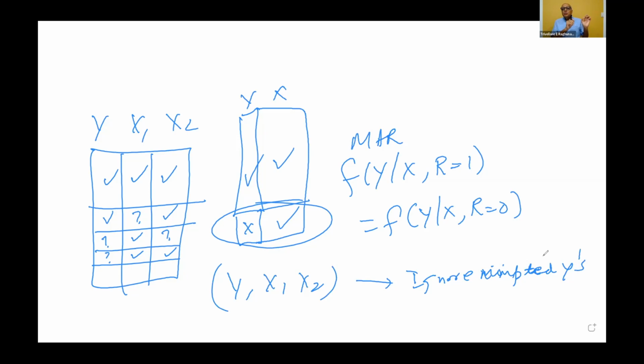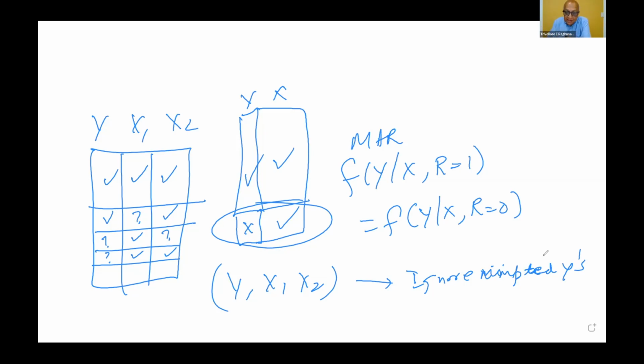Because the y's are useful only to the extent that they are useful in predicting the missing x1 and x2. And once they have done that job, there's no information about the relationship between y and x1, x2, other than what is there in the observed values of y. So depending upon what situation you are in, you want to impute it, then you want to ignore it.